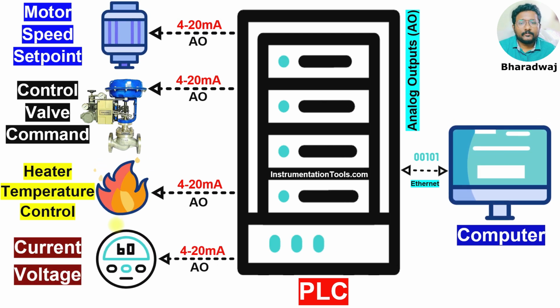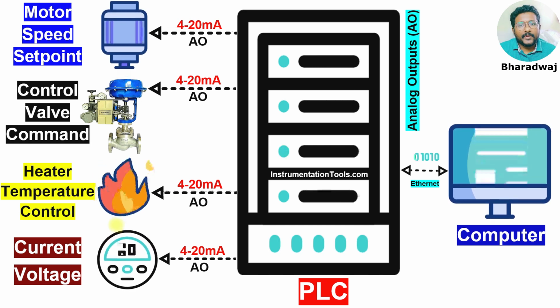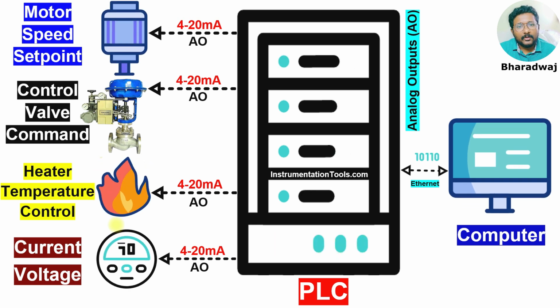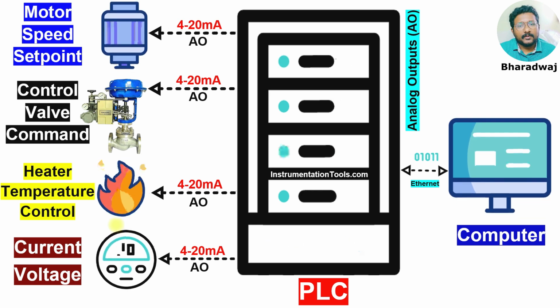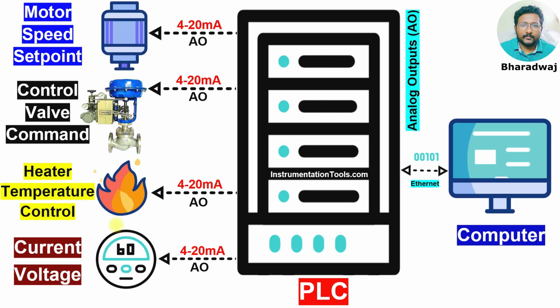Okay, all these are analog outputs if the PLC is to send one analog value for any purpose based on the 4 to 20 milliampere signal.